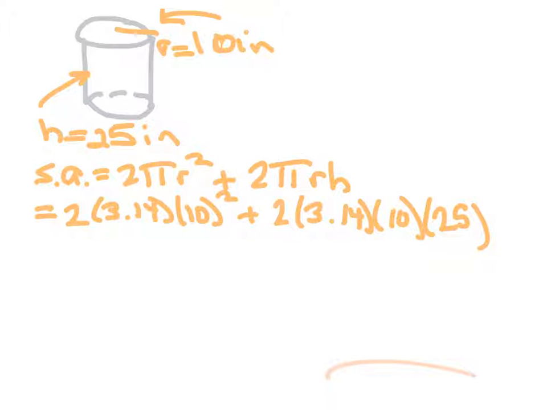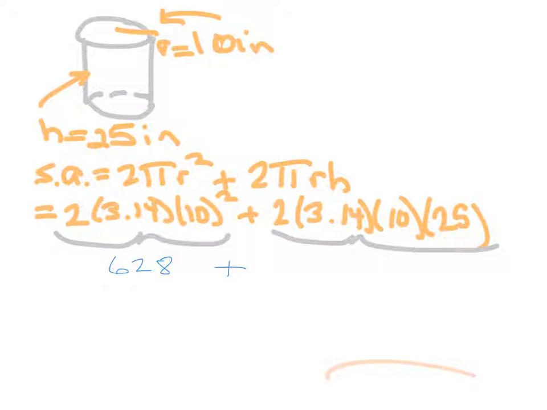And you know that I like to do these in chunks, so I'm going to calculate the surface area of the two circles and add that to the surface area of the rectangular side. So when I do that, I get the surface area of my two circles, or this part of the equation. This part of the equation is equal to 628.